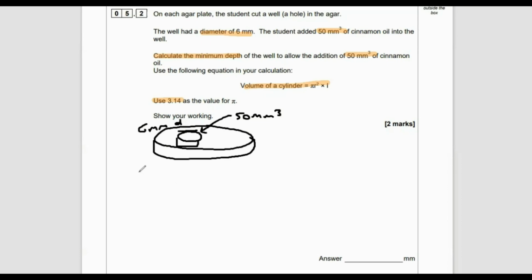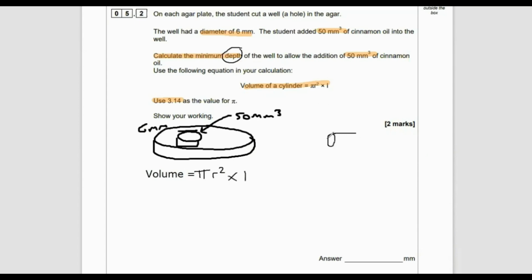Volume of a cylinder is equal to pi r squared times the length. We've got the volume because they've told us it's 50 millimeter cubed. We've got the diameter, so we know pi, so we know r. The thing we're missing is the length. The length is actually equal to the depth. So here's our equation, and we want the depth.